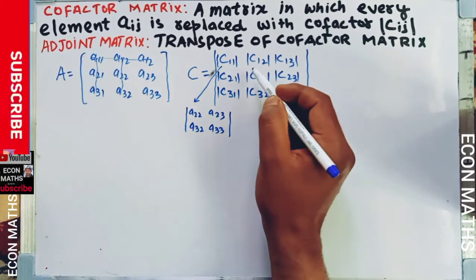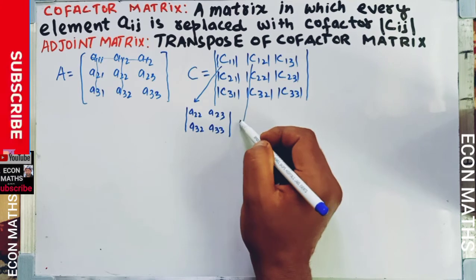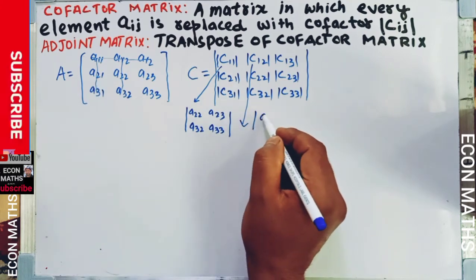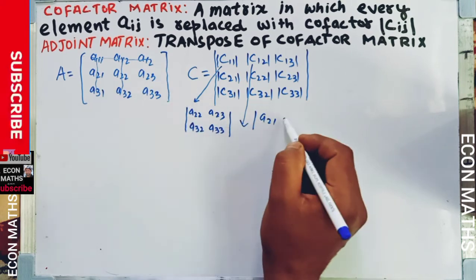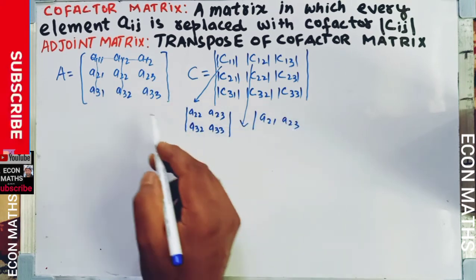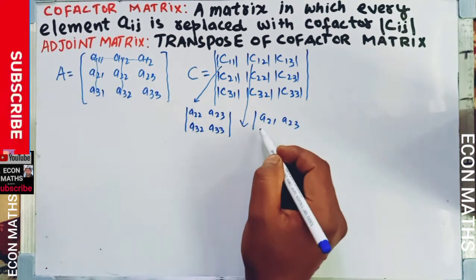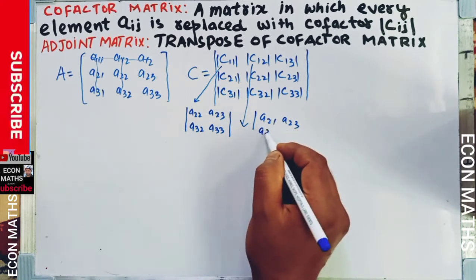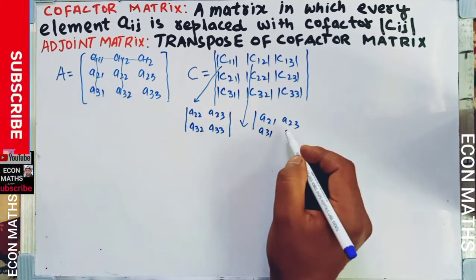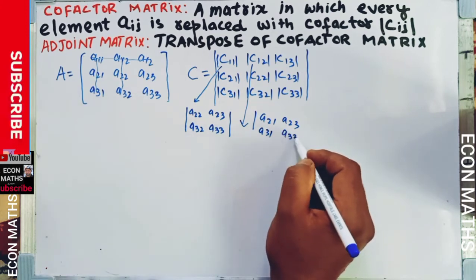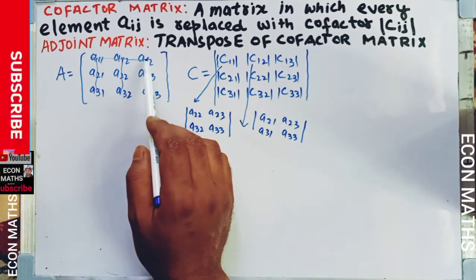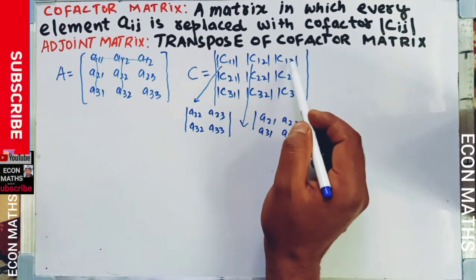That is, the cofactor C12 is the determinant of A21, A23, A31, and A33.